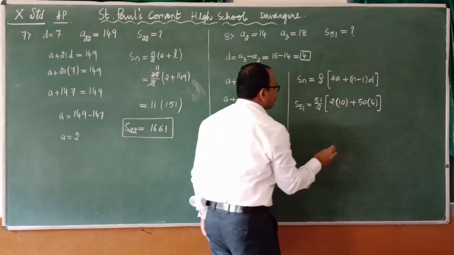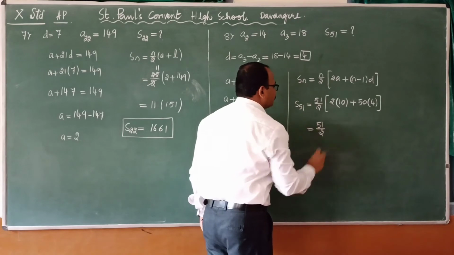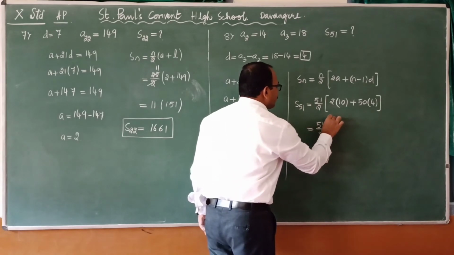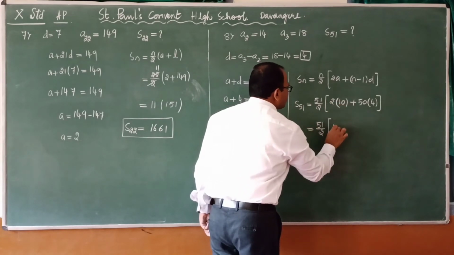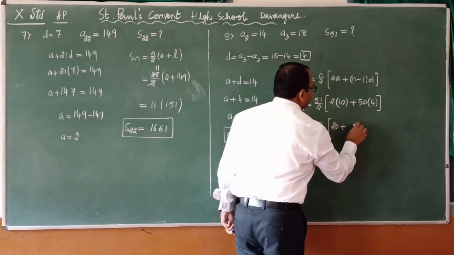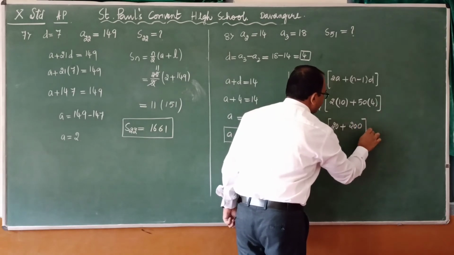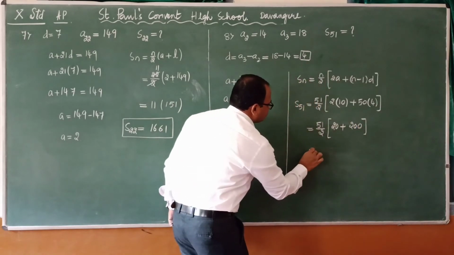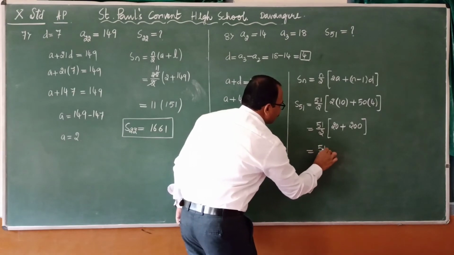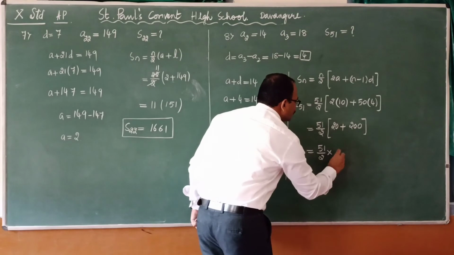Look into the calculation part, it's easy. 51 by 2 into (2 tens are 20 plus 50 fours are 200), which is 220, so 51 by 2 into 220, children.